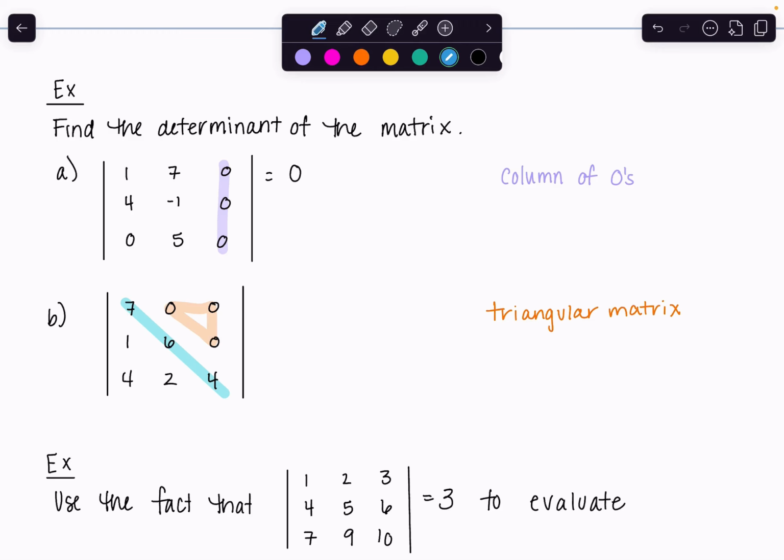So all we do is multiply those diagonal elements. So this determinant, without having to do everything, is 7 times 6 times 4, which gives us 168.